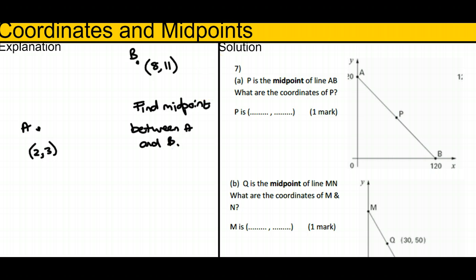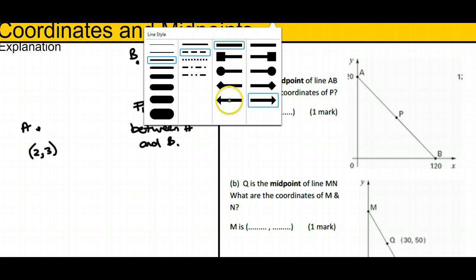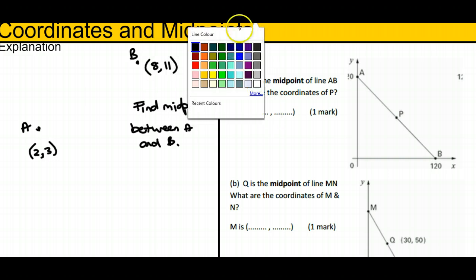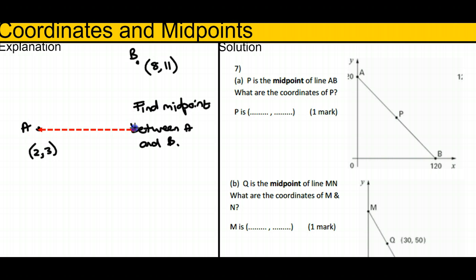The key thing for this is you need to work out how far it is horizontally and vertically between the two points. So we'll just get myself a little dotted arrow and let's make it red. So I want to know the horizontal difference between the two and the vertical difference between the two.